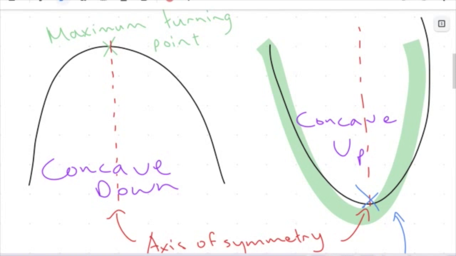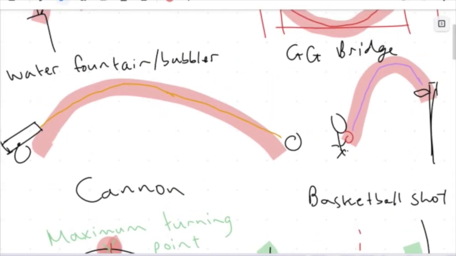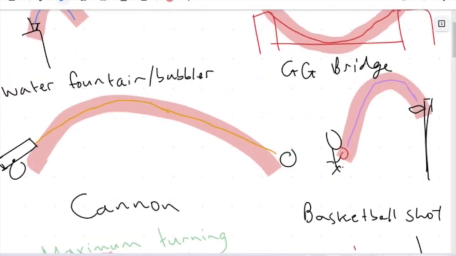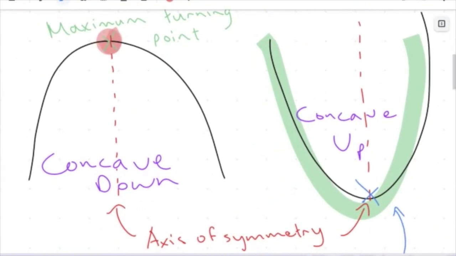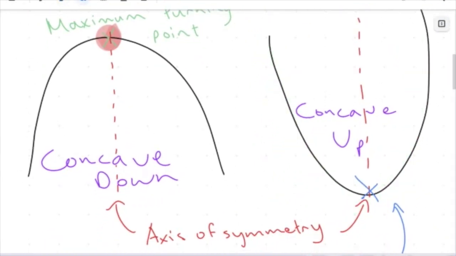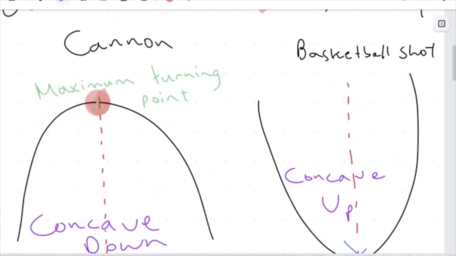And when we have these concave down ones, for example, we have our maximum turning point, a top bit before we go back down. Think the basketball shot, think of the cannon, think about a water fountain or a bubbler if you're from Australia. And the minimum turning points belong to the concave up parabolas.